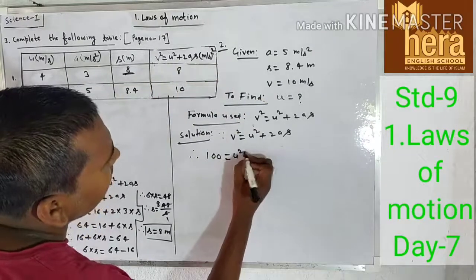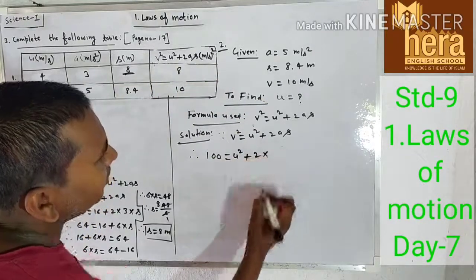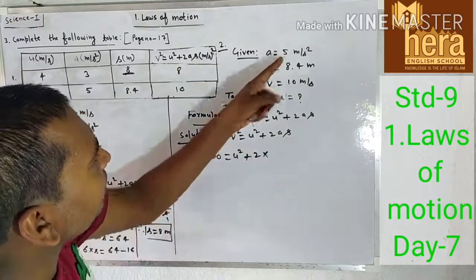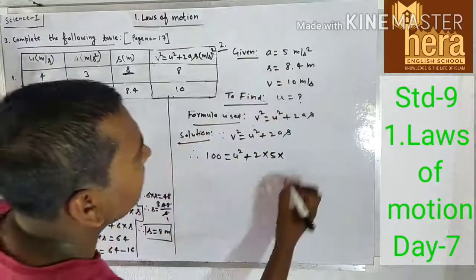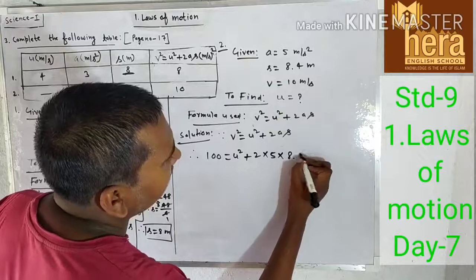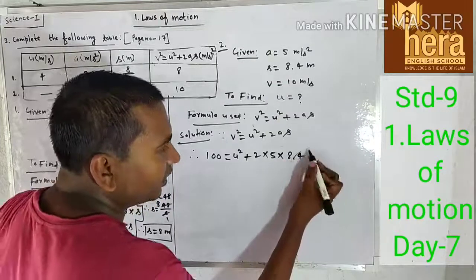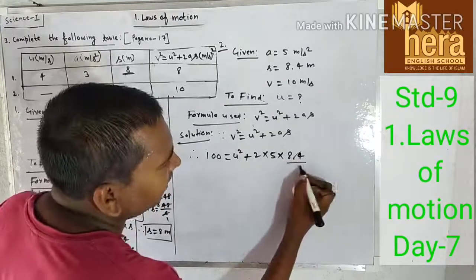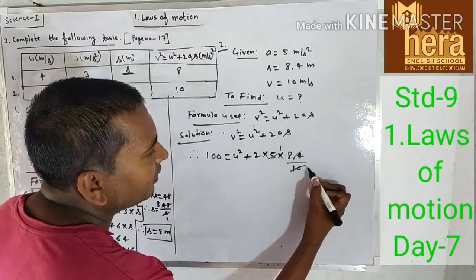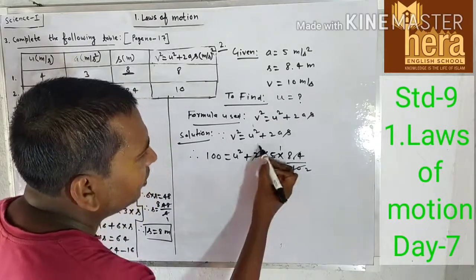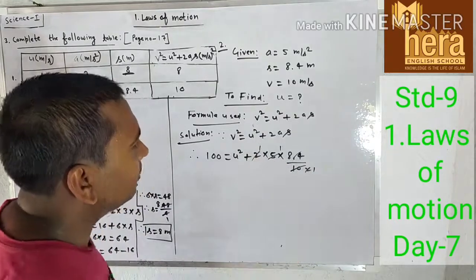So write here U square is equal to 2 into A, which is 5, S is 8.4. So remove the point from here and write here 10. 5 1s are 5, 5 2s are 10, 2 1s are 2.